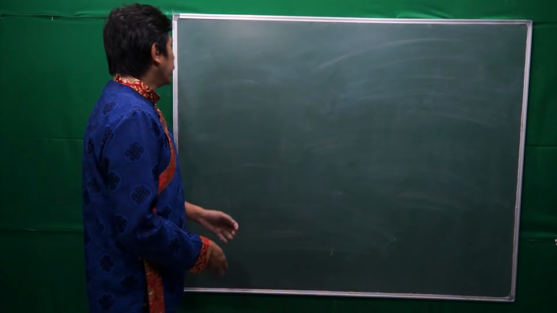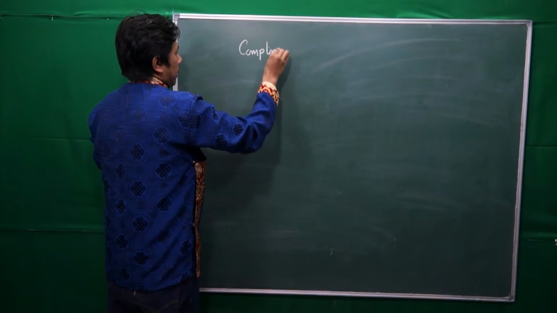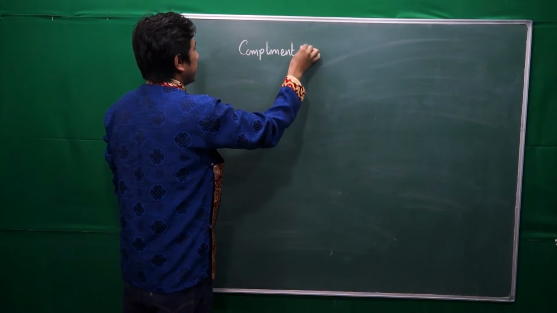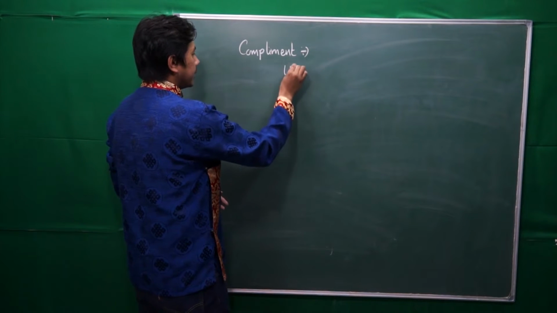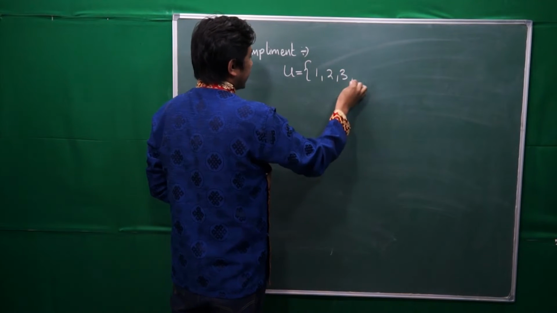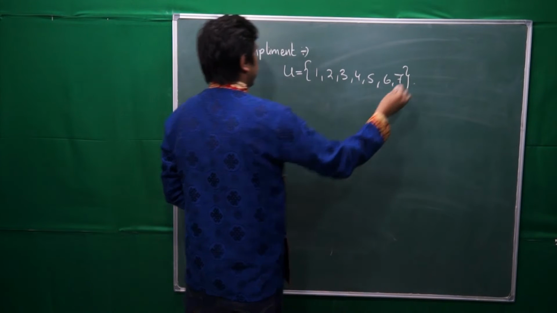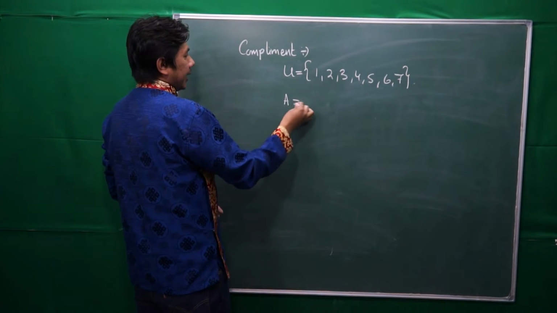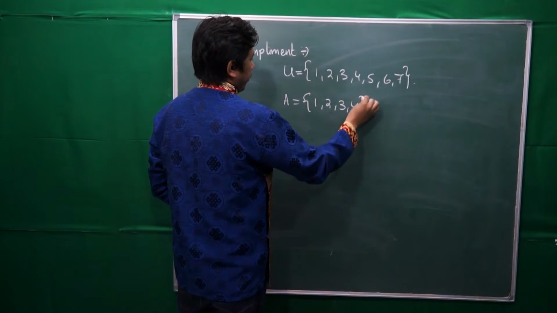Okay. Next we are going to do laws of algebra, but before that we missed out a small operation which is known as complement. What is a complement? Say we have a universal set U that has all the elements of set A and set B. So let's say set A is 1, 2, 3, 4.